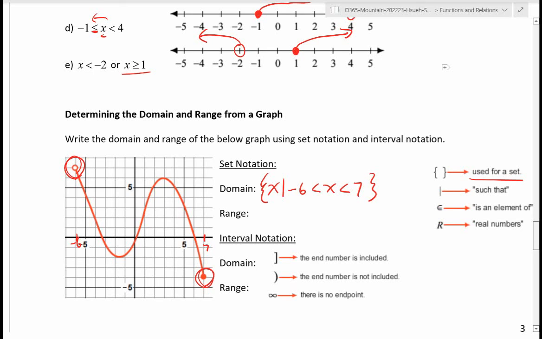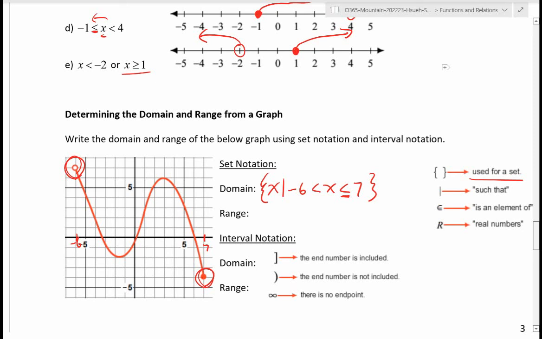This is a solid dot, which means it includes 7, and therefore we must include the equal sign there. So the domain will be the x values such that x is in between -6 and 7, not including -6, but including 7. Okay, so that's how you write the set notation for domain.